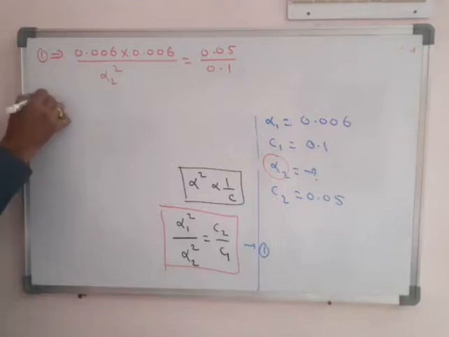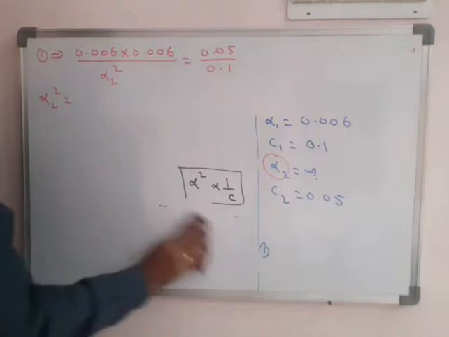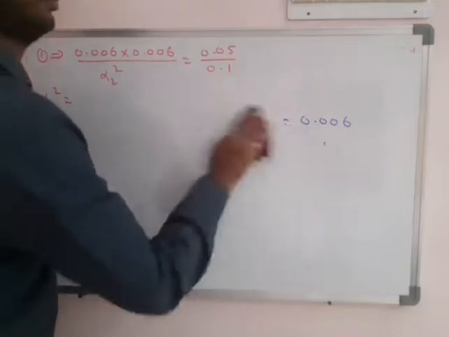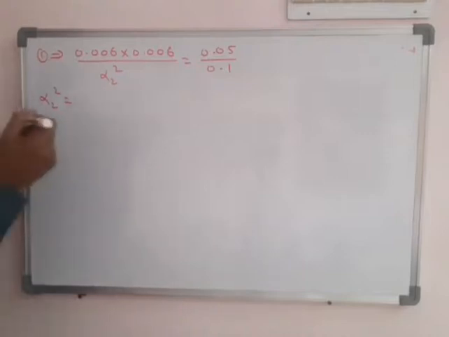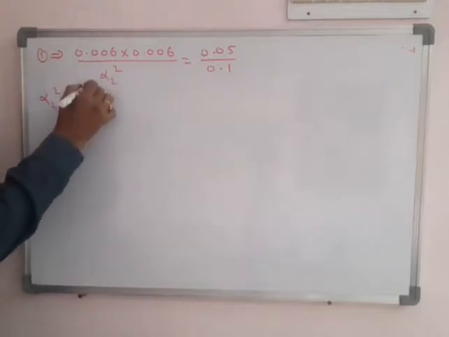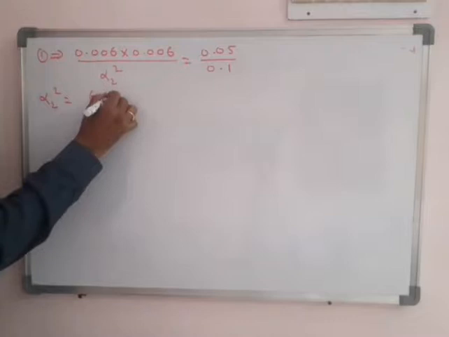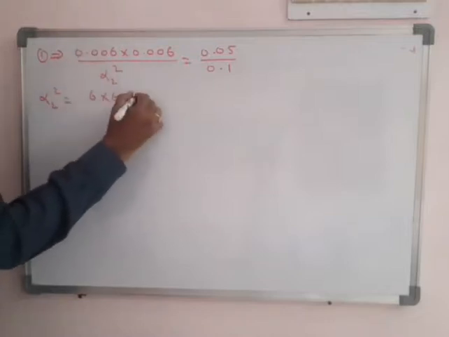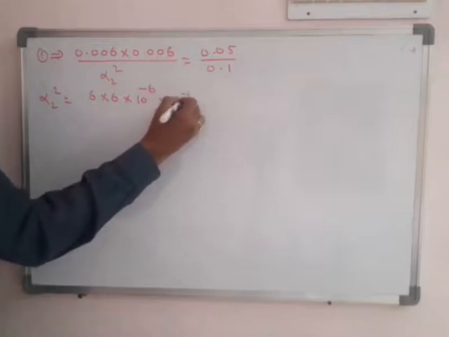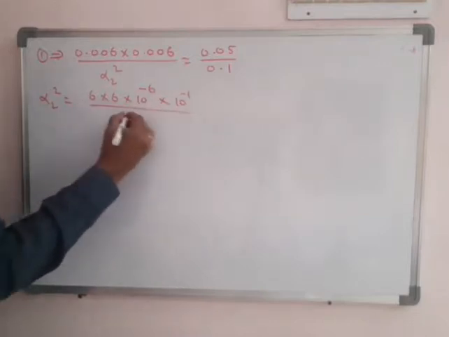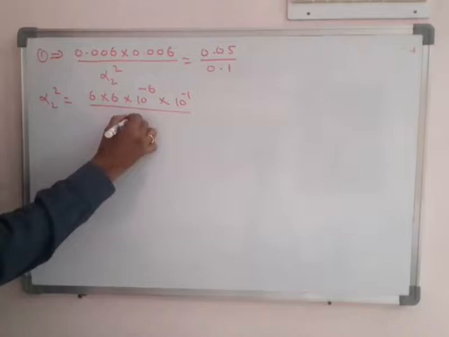So I have to find alpha 2 square equal to: 6 into 6 is 36, that is 10 power minus 6, 0.1 we can write as 10 power minus 1, by 0.05.